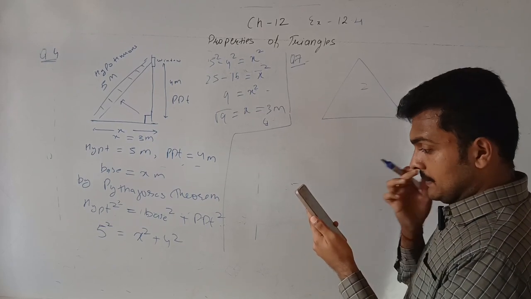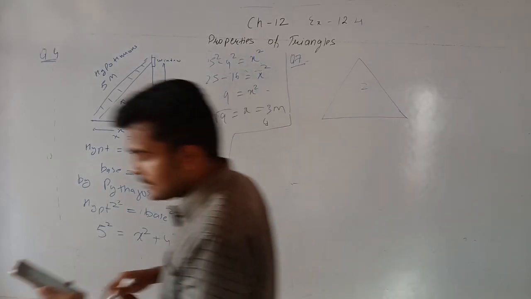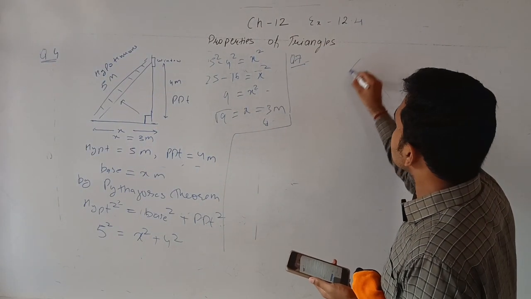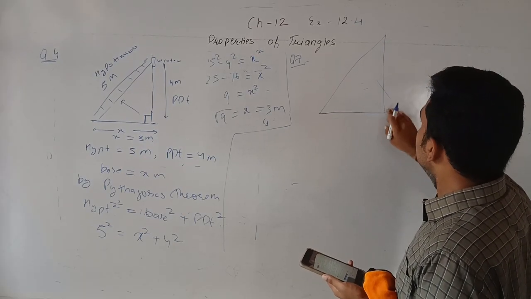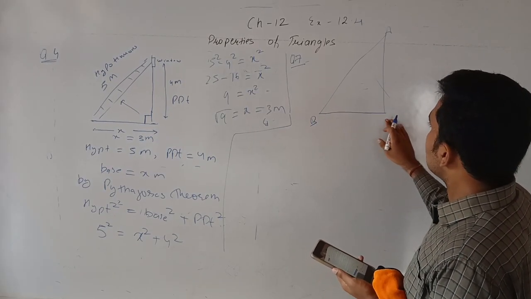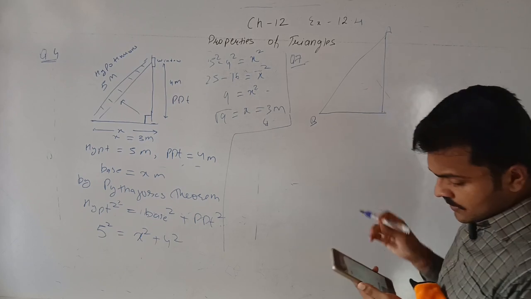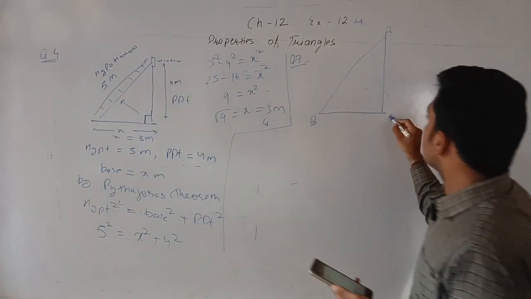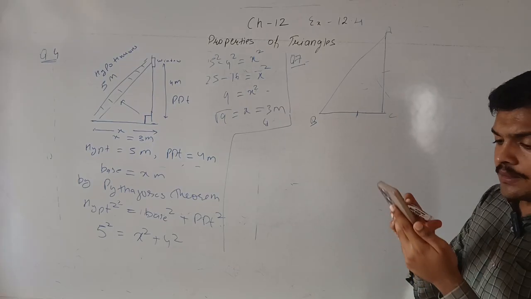So we have a triangle. Because we have to prove it is a right angle triangle, one angle must be 90, but we have to prove that. We will draw it as ABC. The sides AC and BC are given equal.